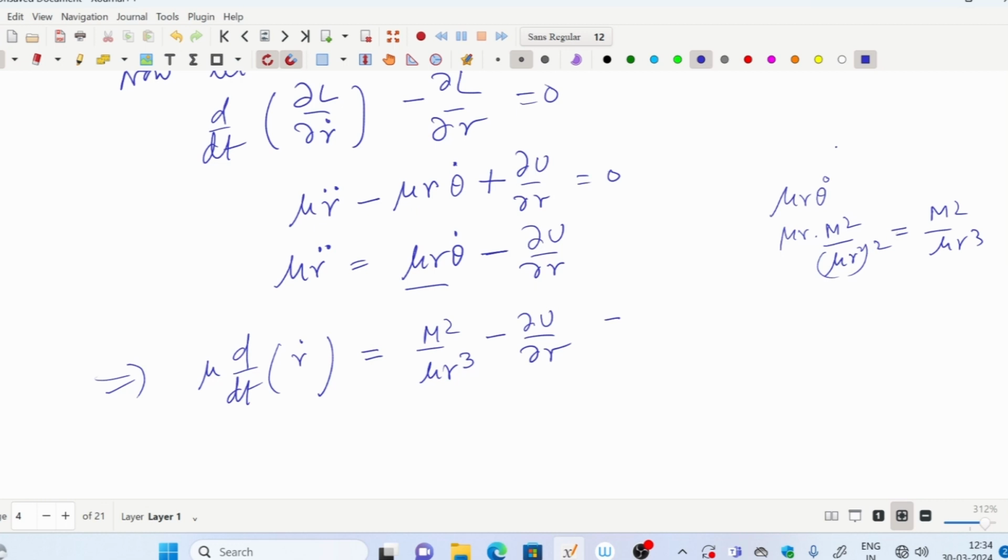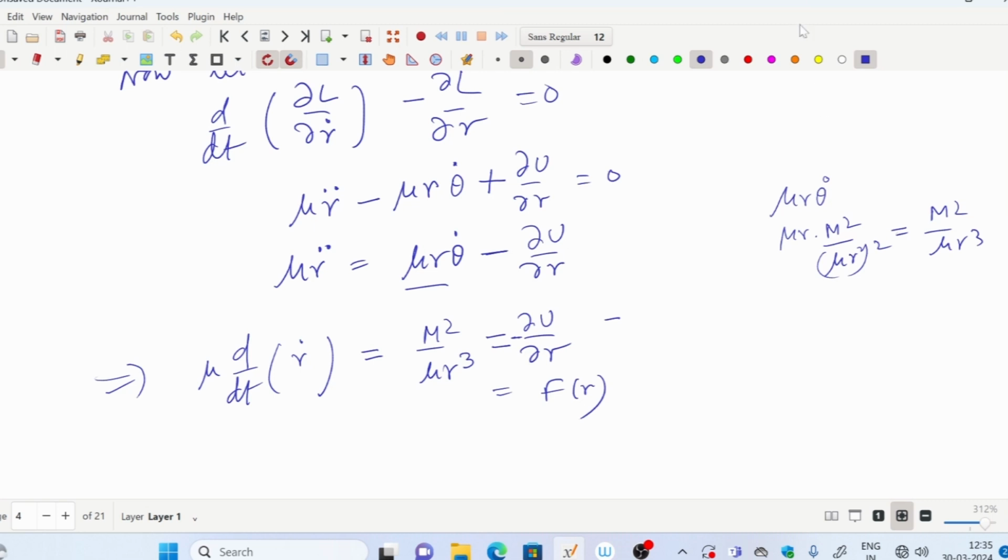Okay, so this is the equation, and if you take the potential term to the other side, minus del U del r is the force f of r.